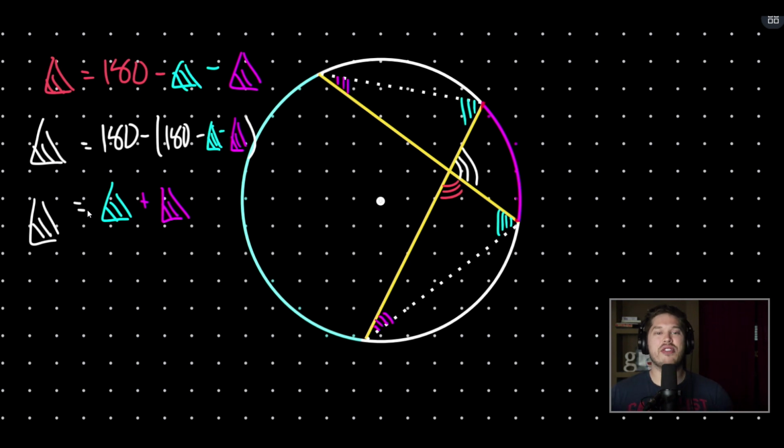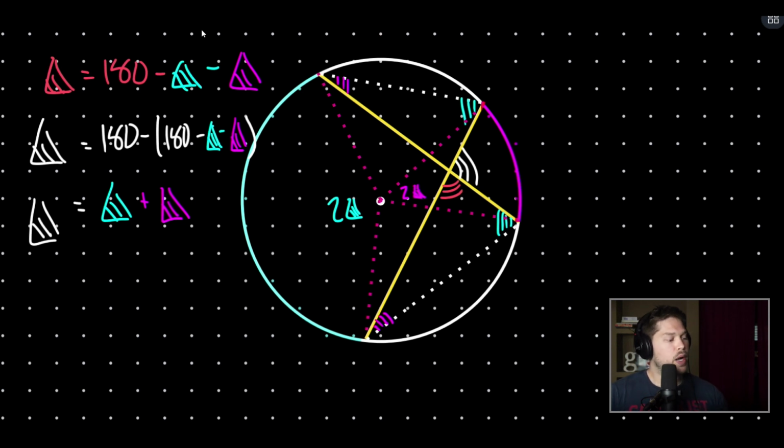Now, how does this relate to the arc measure? Well, recall that your arc measure is congruent with your central angle, and your central angle is twice that of your inscribed angle. So what does that tell us? That means if we make a marking of our central angle, then our central angle here will be 2 of our blue angles, and similarly, our central angle to our purple arc will be 2 of our purple angles.